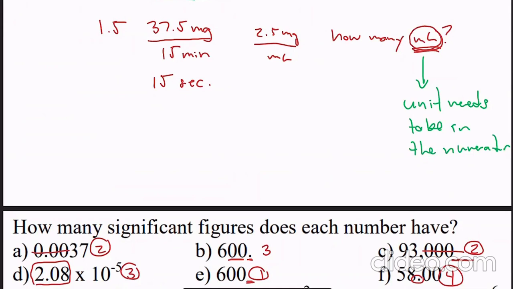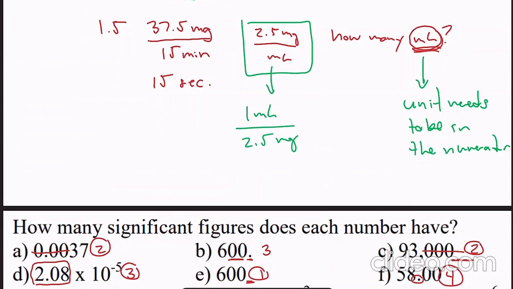I want to know how many milliliters. Right, we're chemists. We get to do cool stuff here. I know that this is in the denominator, but we learned about conversion factors. We're allowed to flip these back and forth however we feel like. So this is not the only way that I can write this. I can write this as 1 milliliter over 2.5 milligrams.